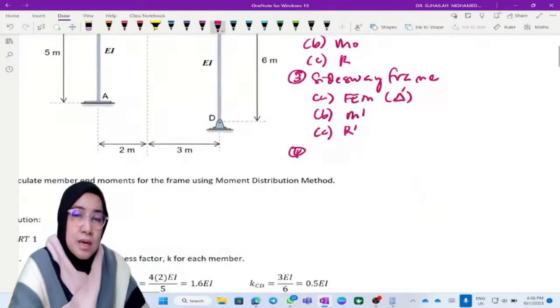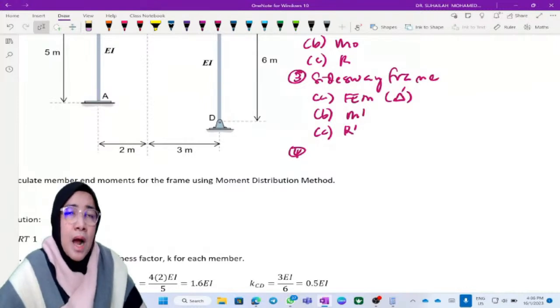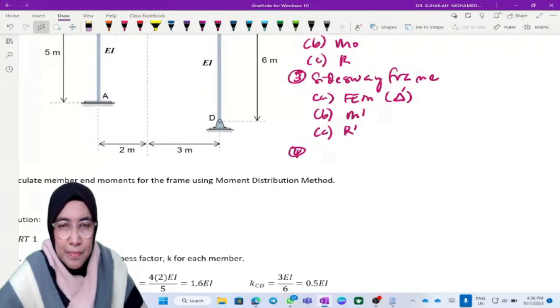So there are many videos explaining the concept of frame with sidesway, and how we derive the equation called final member end moment, considering both external loading and sidesway. So we have a correction factor in the equation.